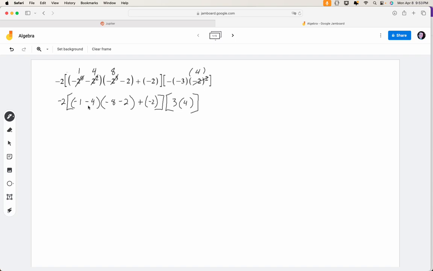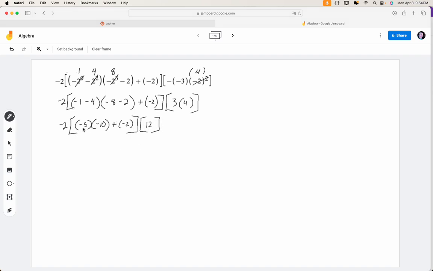All right, so let's resolve this. Negative 2, I've got negative 5, negative 10. And then this is plus negative 2. And then I have 3 times 4, which is 12.